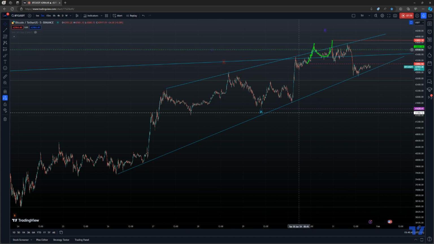But according to my analysis, there's no reason to go back up and retest that channel whatsoever. So to me, it's good that we break this trend line sooner rather than later. It's a better indication, and also breaking that 41,620 dashed line.